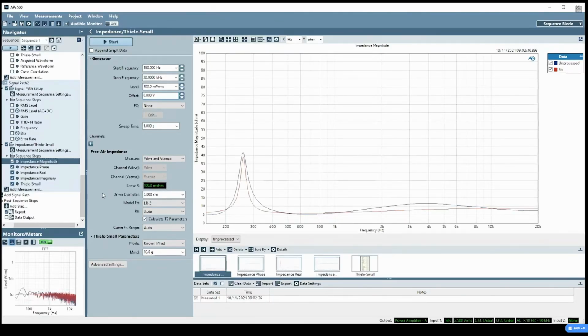And as I mentioned, you get very similar results in loudspeaker production test that you would with acoustic response and impedance Thiele-Small, but you only get partial impedance Thiele-Small. So it's not really for design, but it's great for production and verification. Okay. Hopefully that's answered that question. Let's hope so.